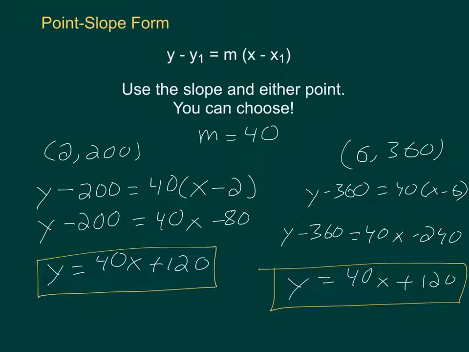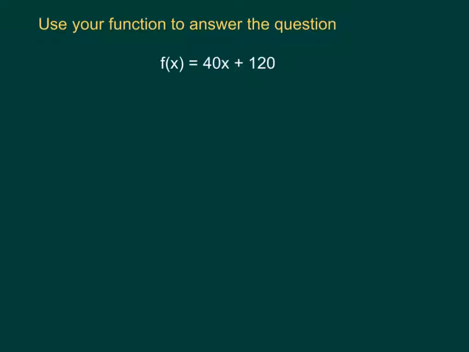All right, well, now that we've got our equation, let's put it to work. What I've done here is I've just rewritten my equation as a function. So I can think of this as f of x equals 40x plus 120. And remember, I'm trying to figure out when I can save up and pay for the PS6, which originally cost $550. Now that's the cost, which is the y value or the f of x value.